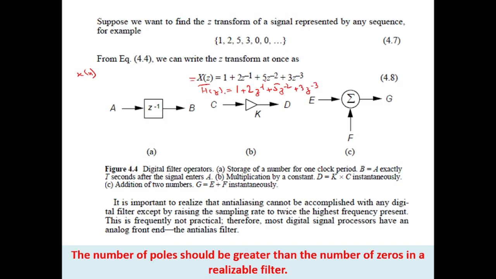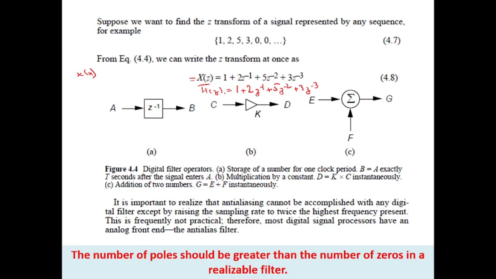Just for the sake of understanding how these different operators work. I am taking this as an H(z), and when I call it H(z), it becomes a transfer function of a system.